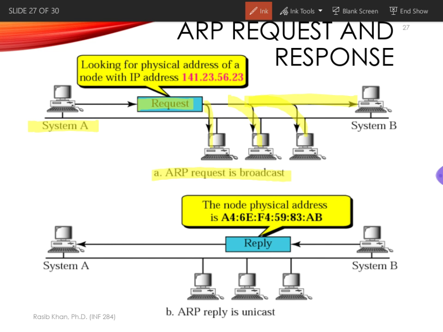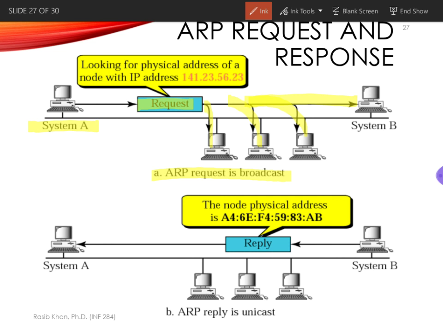And the request states that host A is trying to find the MAC address of the host which has the IP address as shown here, for example, 141.23.56.23. So the broadcast request holds the information of the destination IP address and is requesting the MAC address of the host with this IP address.